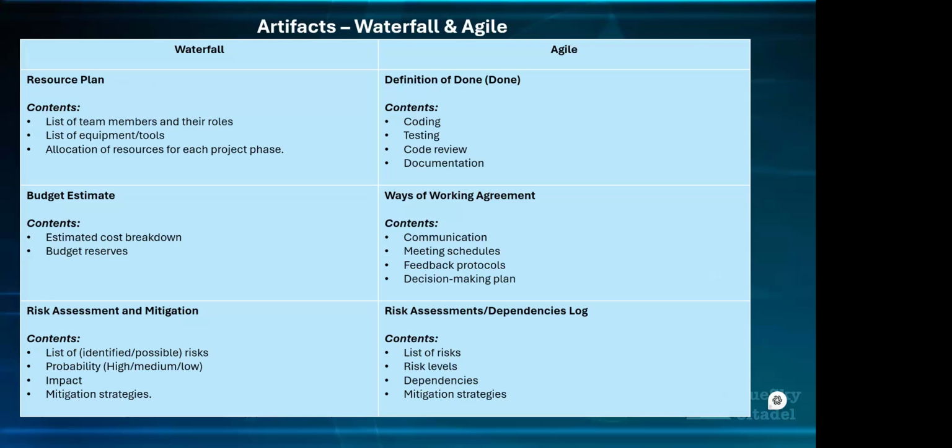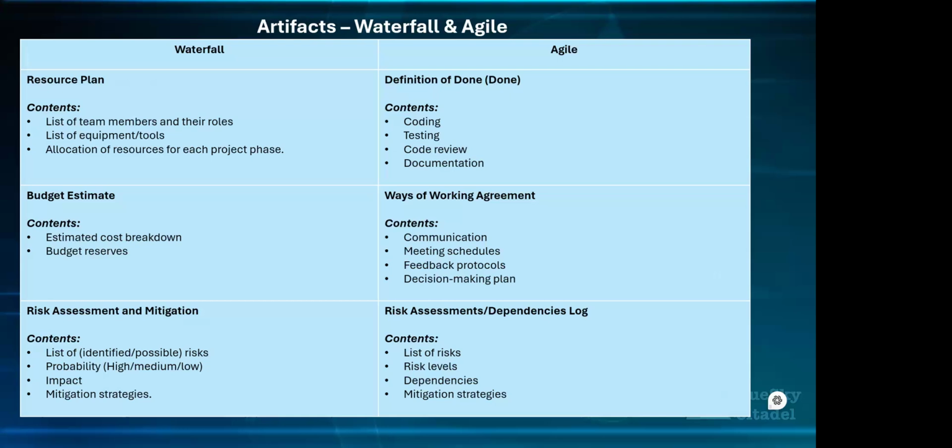The purpose is to document risks and any impediments, identify them throughout the sprint and update the log as you go along. Put a plan in place, and once the mitigation action has been met and the risk or dependency has been resolved, we document it.